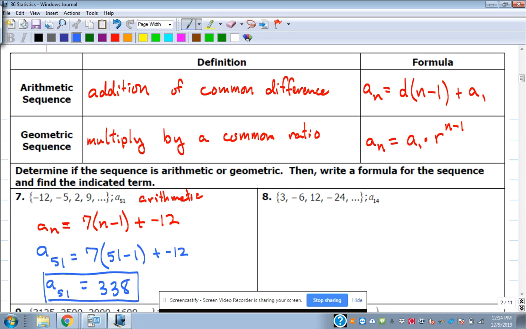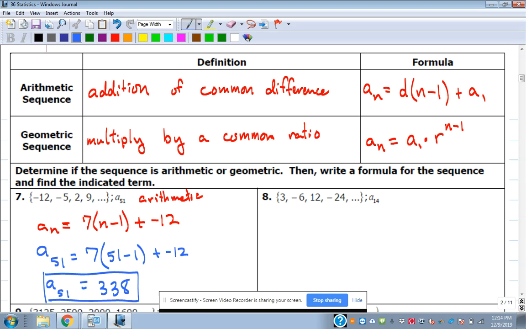Yes. If we needed the 164th term, we could plug in 164 for n and get that answer instead of writing out the sequence that far. Okay, all based on building that formula. If it's arithmetic, it's always going to be common difference times n minus 1. That never changes, plus the first term in the sequence.